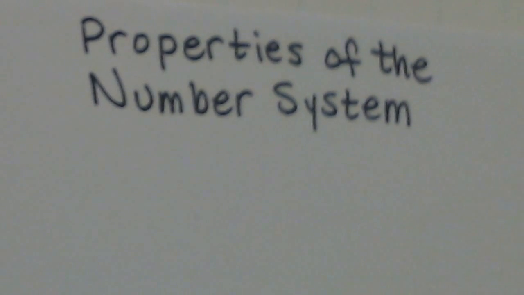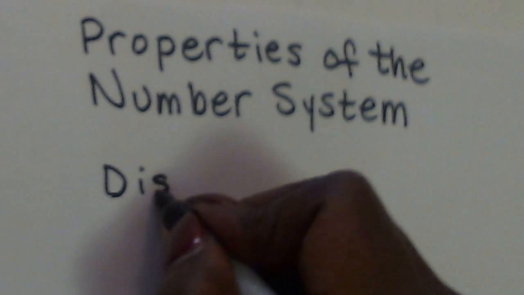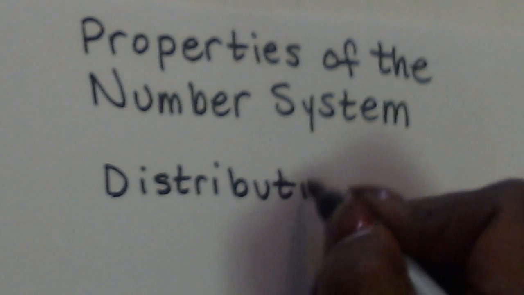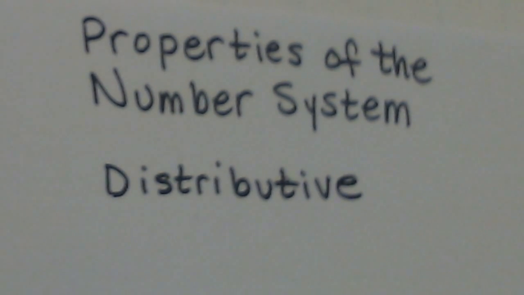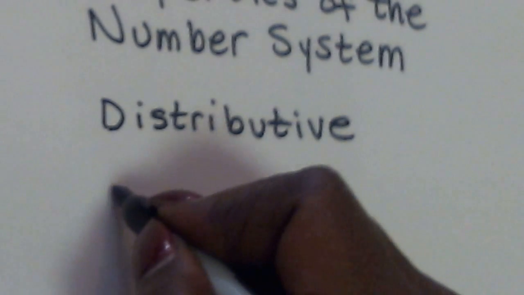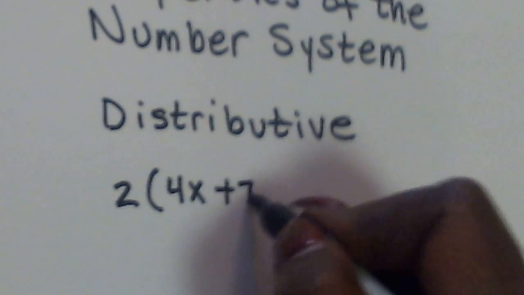We can use the distributive property whenever we have an expression or equation that looks like this: 2 times the quantity of 4x plus 7.